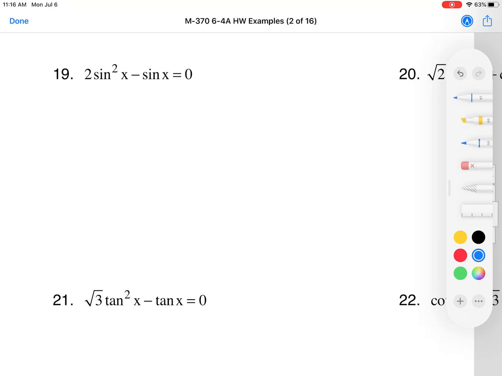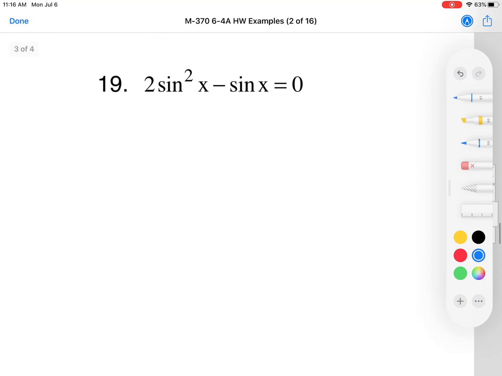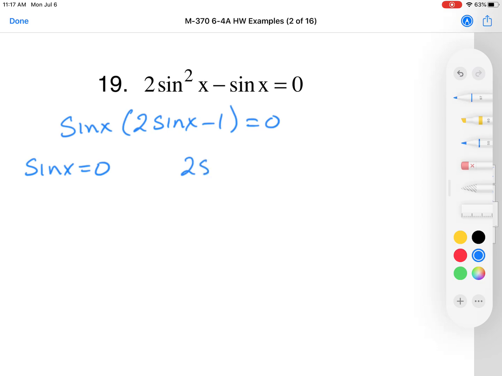So if you look at number 19, the only thing that we see is we can pull out a sine x. And if we do so, we get 2 sine x minus 1 is equal to 0. And you're right back to those earlier problems where you're setting the first factor equal to 0 and the second factor equal to 0.